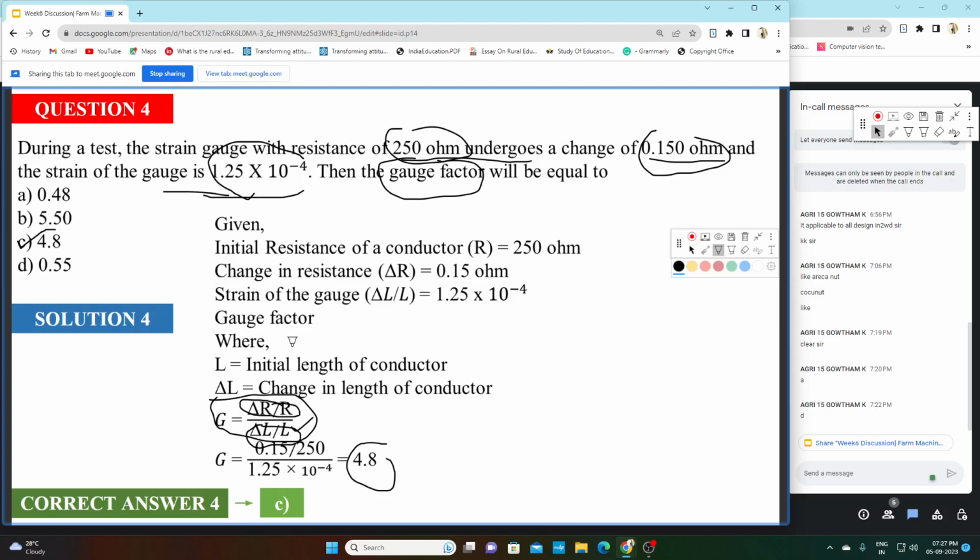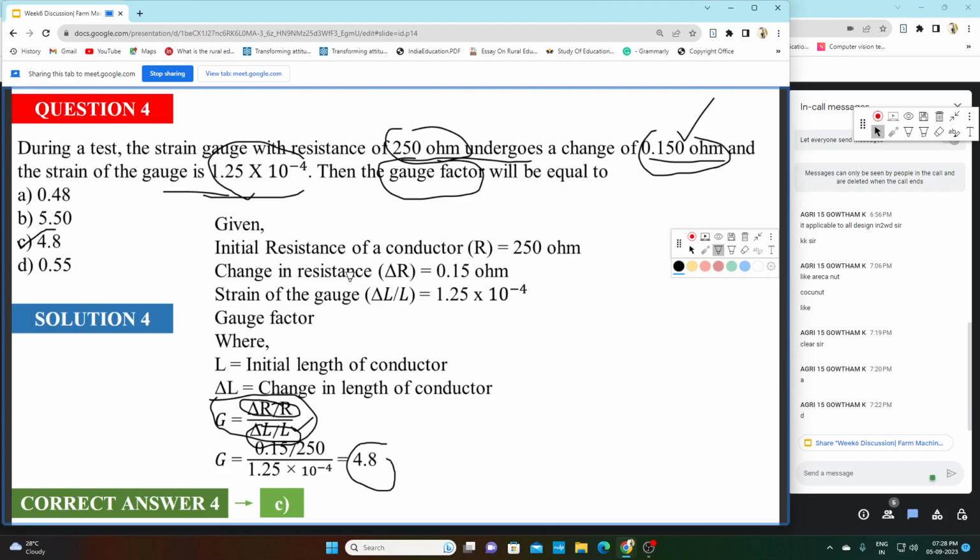For clarification, I am again repeating it. In this question, we have to calculate the gauge factor. So the gauge factor formula is delta R by R divided by delta L by L. What is delta L by L? Delta L by L is your strain, and delta R by R is the change in resistance ratio. Delta R is given, that is 0.15.